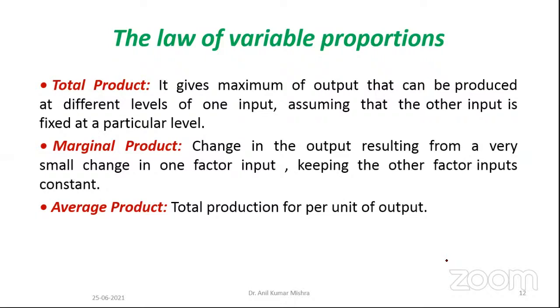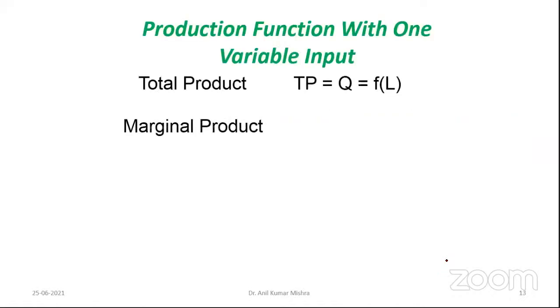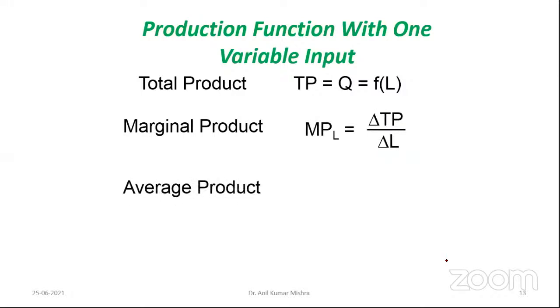Let's now move to the equations representing all these three things. If we start with the total product, that means the total amount of output produced by using the fixed and variable factors. Marginal product means the change in total product due to the change in input factors.